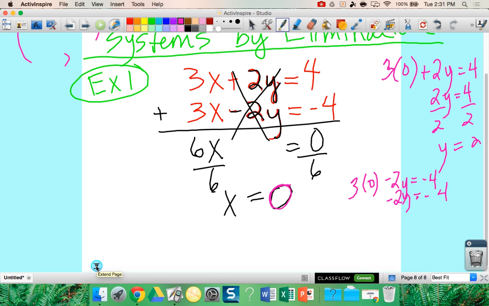Okay. Negative 2y equals negative 4 divided by negative 2. What does y equal? So does it matter? Does not matter.